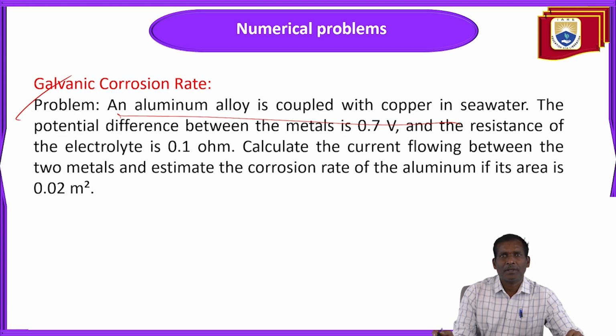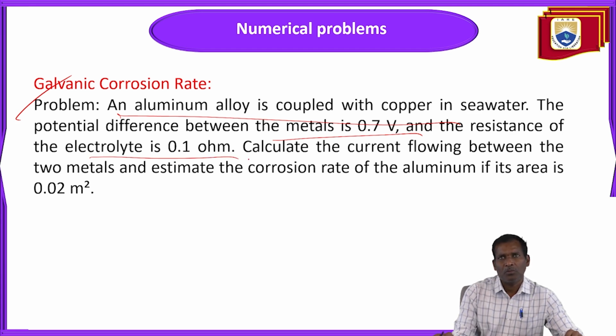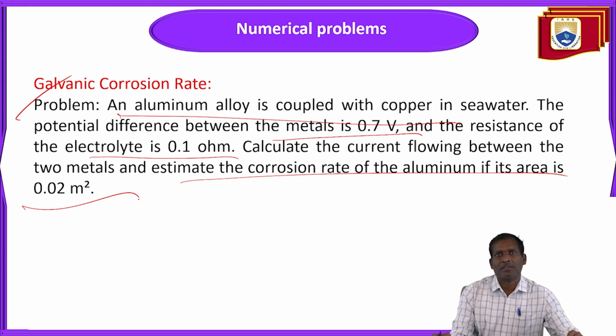The potential difference between the metals is 0.7 V, potential in terms of volts, and the resistance of the electrolyte is 0.1 ohm. Calculate the current flowing between the two metals and estimate the corrosion rate of the aluminum if its area is 0.02 meter square.